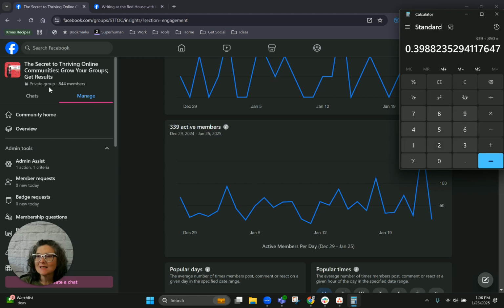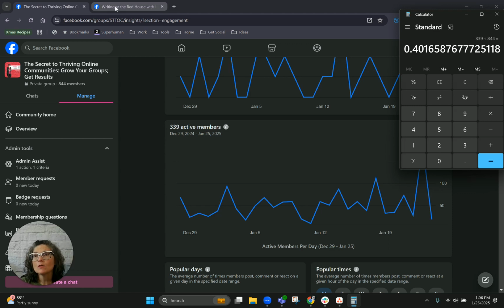However, once I cleaned it out and realized I actually only have 844 true active accounts in my group, that changes the math just a little bit. I do the 339 divided by 844, and now my engagement rate is slightly over 40%, right? And again, it's not a huge difference between 39.8 and 40, but 40% is my accurate true engagement rate in this community.